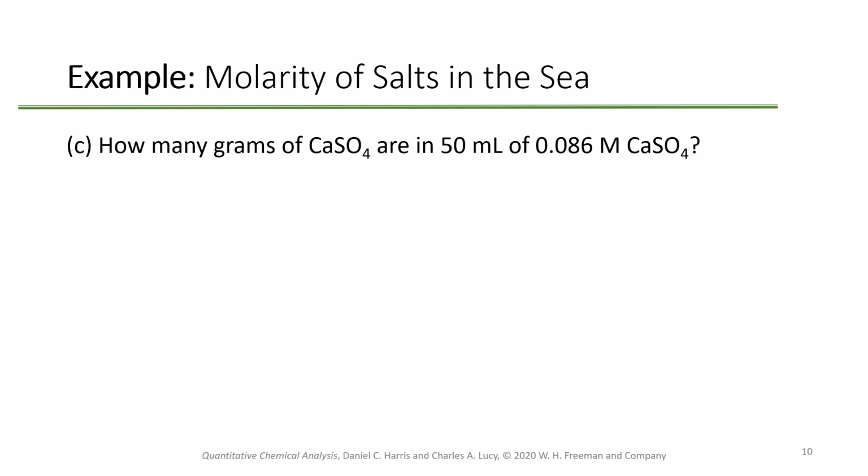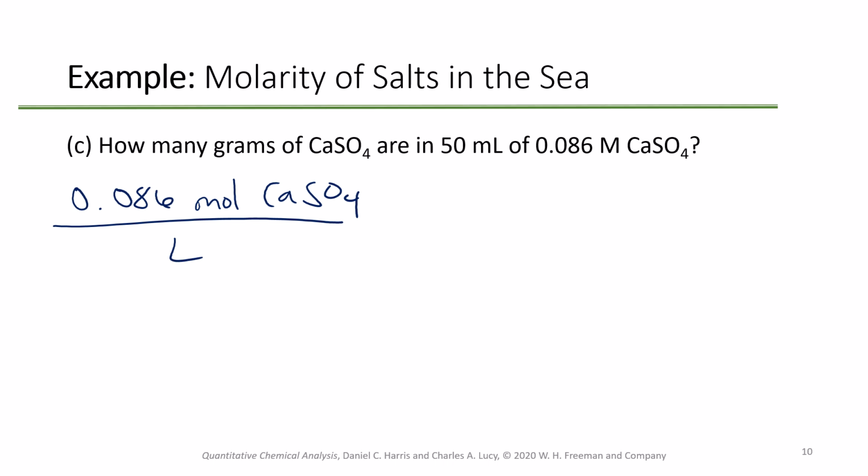C says how many grams of CaSO4 are in 50 milliliters of 0.086 molar CaSO4. So this is just the same exact question, but we're going backwards. I'm starting with 0.086 molar. Instead of doing capital M, I'm going to replace it with moles of CaSO4 per liter of solution.